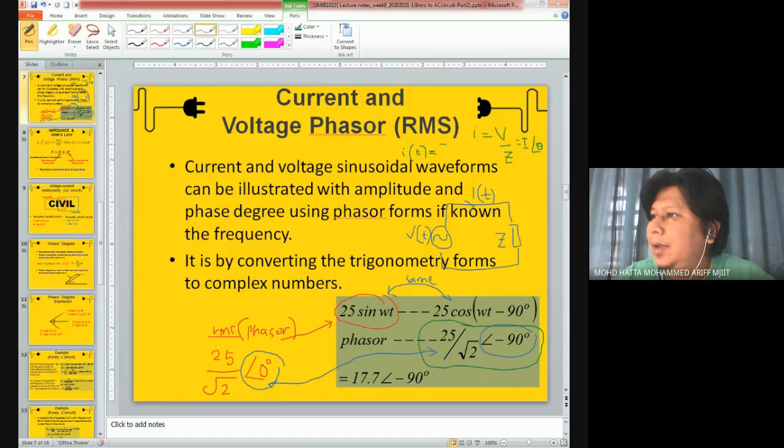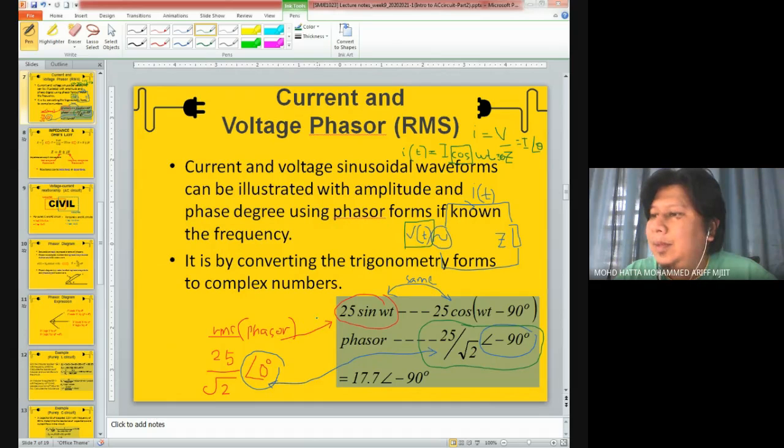So we're going to have I cos(omega t plus or minus the angle you find here). Remember that if you are using cosine form as the reference of your voltage, the equation of the current must also be in the form of cosine.